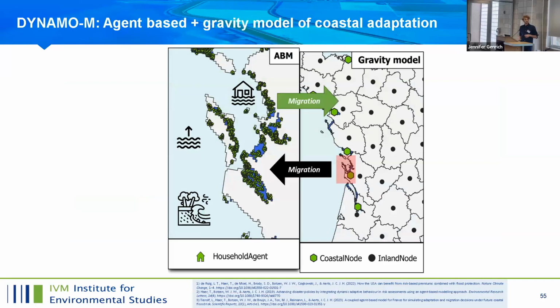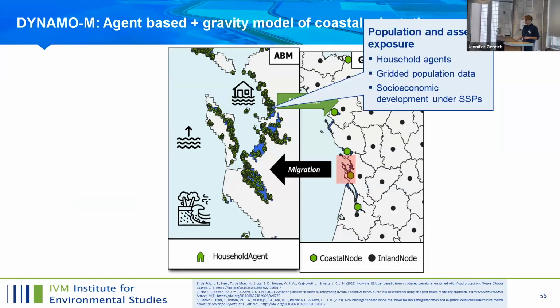So in this study, we try to better understand and also better model this behavior in response to coastal flood risk, by building an agent-based model which simulates household adaptation and migration decisions in the coastal floodplain, together with a gravity model which simulates coastward migration, which is still expected to continue into the future.